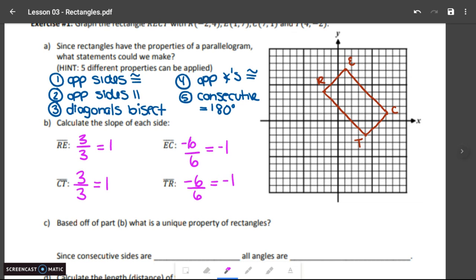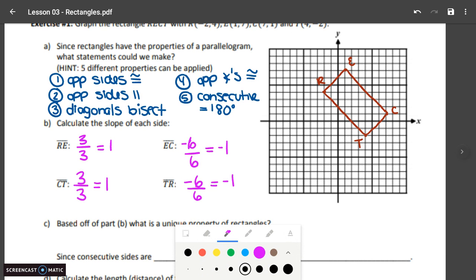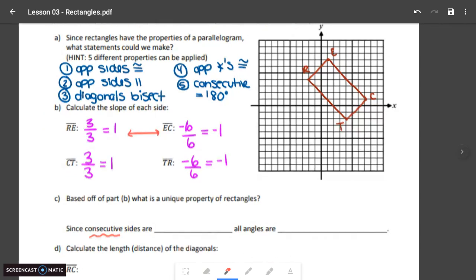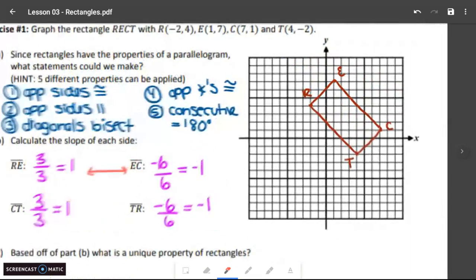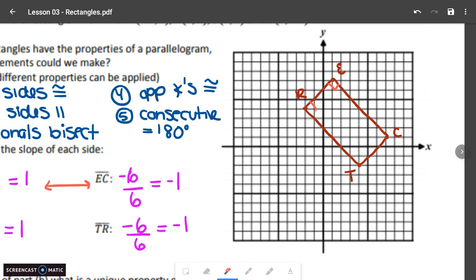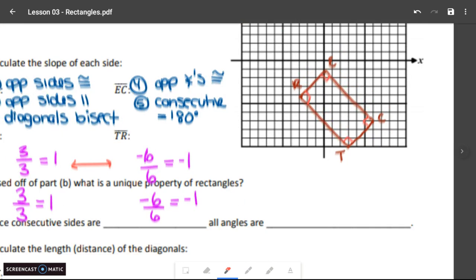Remember, we can always tell parallel lines based on the slope. But what we should also notice about these slopes is that it's not just parallel. Comparing the two sides that are next to each other, again, that word consecutive, those are negative reciprocals of each other. So if they're negative reciprocals, recall, they form perpendicular lines, which form right angles, which means all of these are right angles.